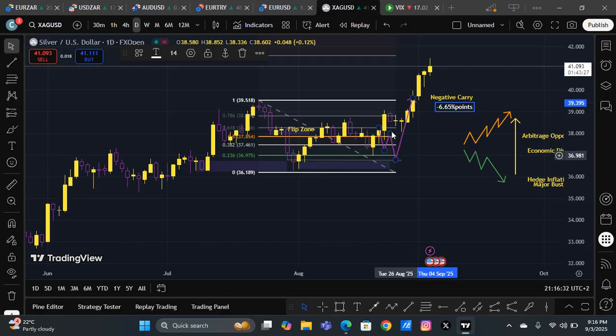So here we were looking at the expansion that normally happens every single year. It happens twice a year, towards winter.